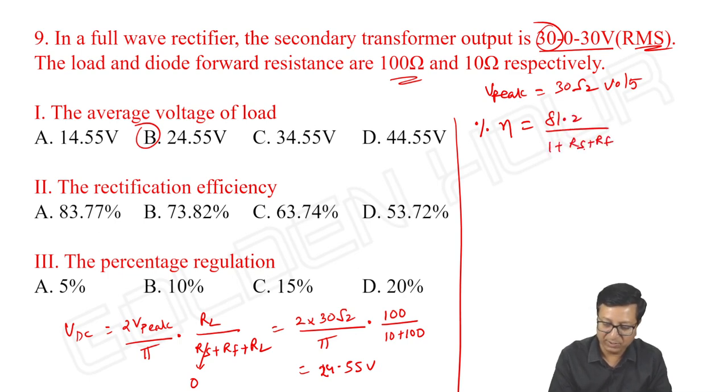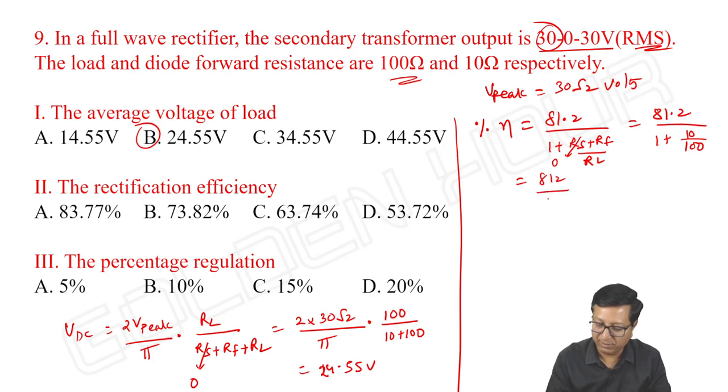81.2 divided by 1 plus, anyway RS is 0, RF is equal to 10 by RL 100. So 81.2 divided by 1.1.